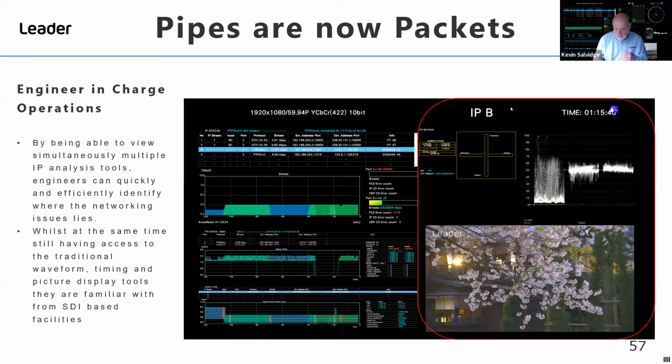We've established earlier that a lot of the ancillary data can be contained within the -40 stream, but I understand there are devices out there that will automatically generate this ancillary data and put it in the session description protocol data stream. That just sounds like another avenue where we could start chasing our tail.